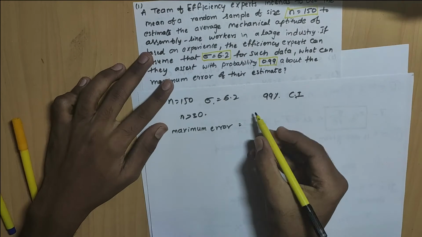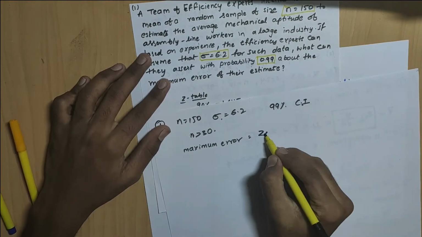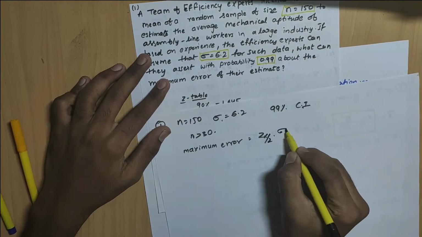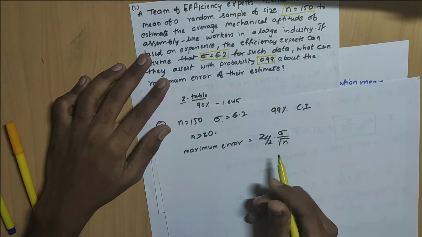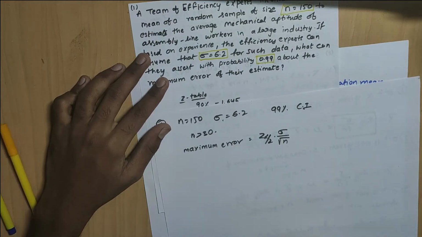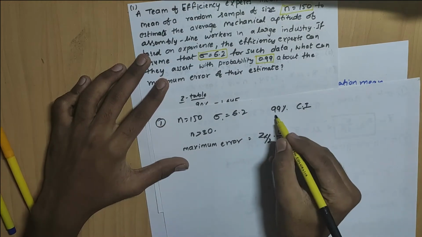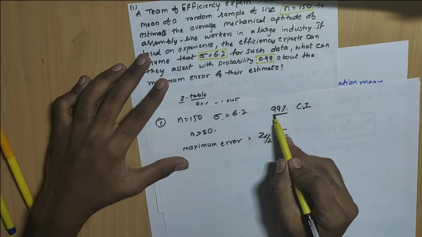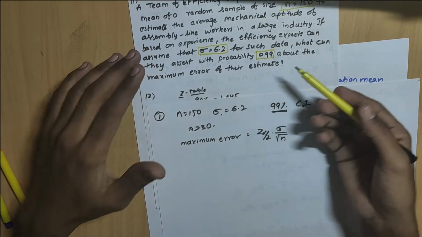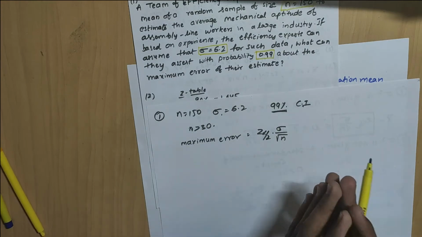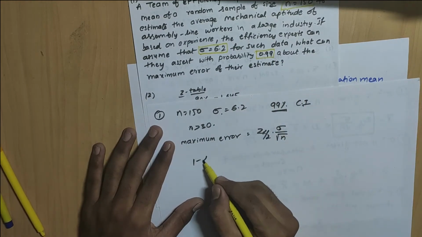is equal to z alpha by 2 sigma by root n. Okay, if it is given in percentage, we can write it in decimal form, 0.99.